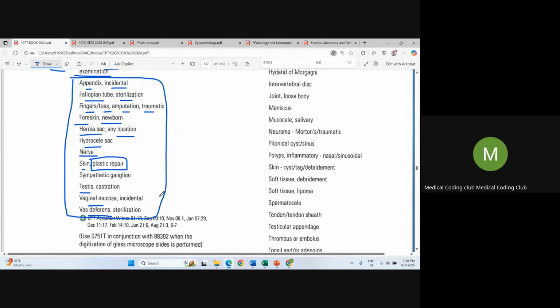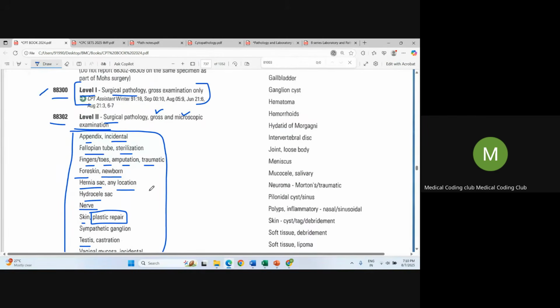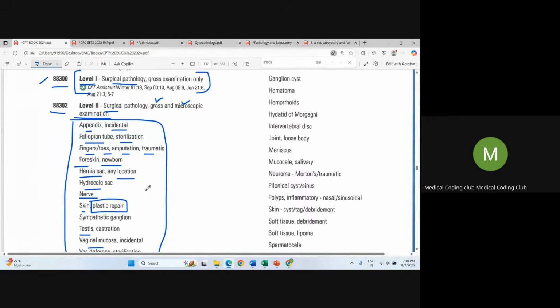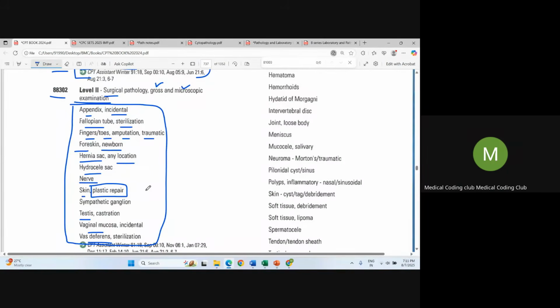So all of these are the specimens. So if you get a scenario where they are taking out an appendix which is incidental, okay, you already learned about appendix in the digestive concept.